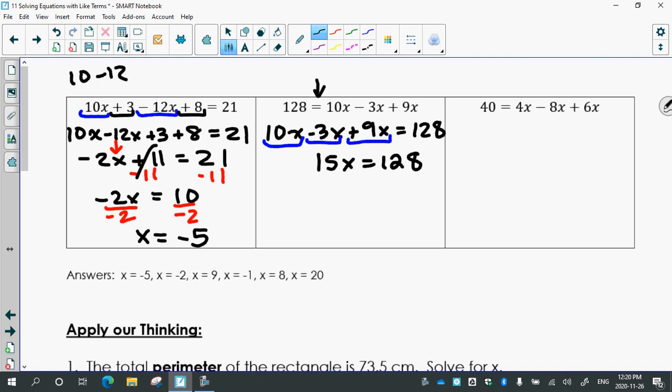Everybody good? And then, so that was just a question from the morning. 15 times x equals 128. So to do the inverse operation of times, you would divide. And then you'll end up getting, did I thank you? 10 minus 3 is 7.